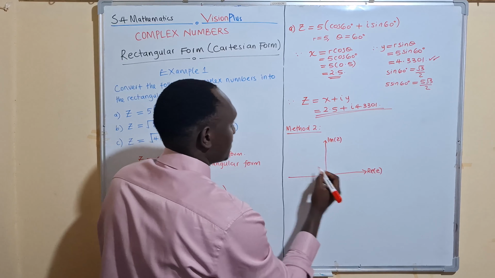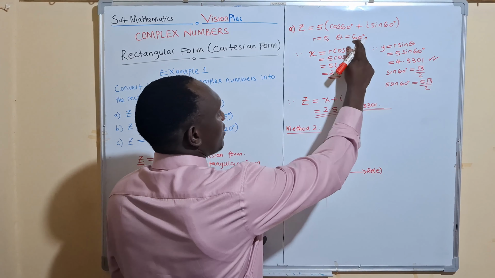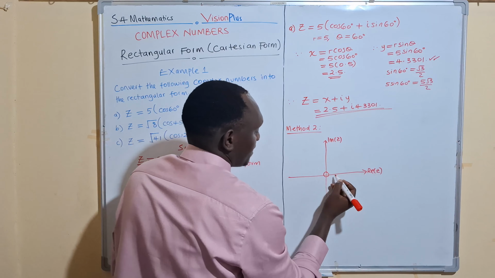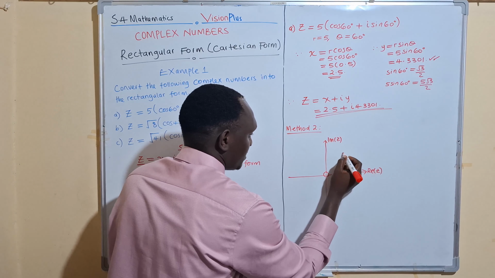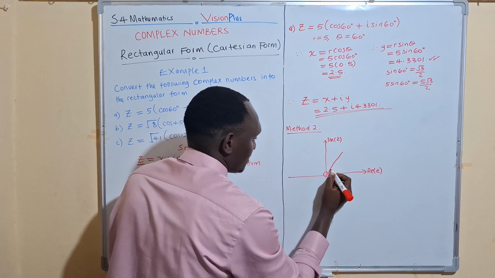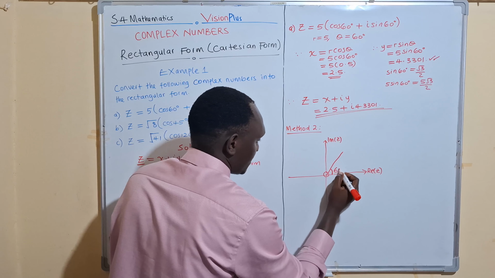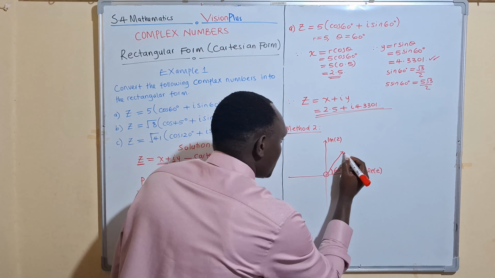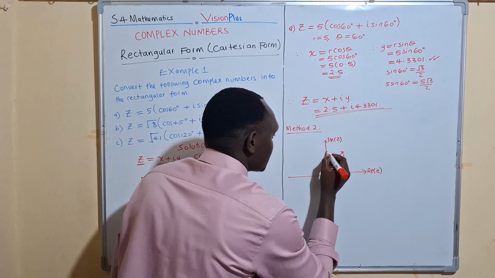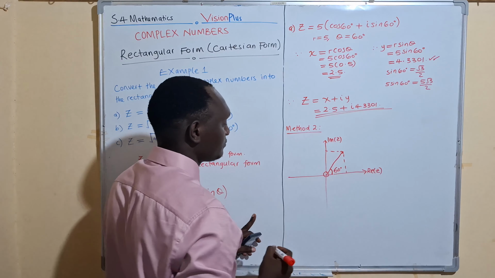This is the origin. If you look at it, the angle is what? 60 degrees. So 60 degrees lies in the first quadrant. So this is the complex number. It's not accurate. 60 degrees. Put an arrow here. That means it will have a corresponding value on x and on y.